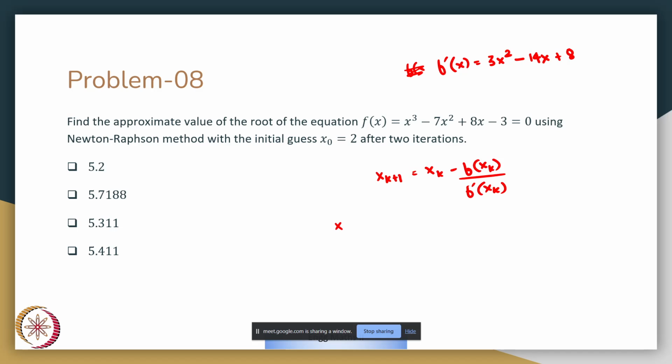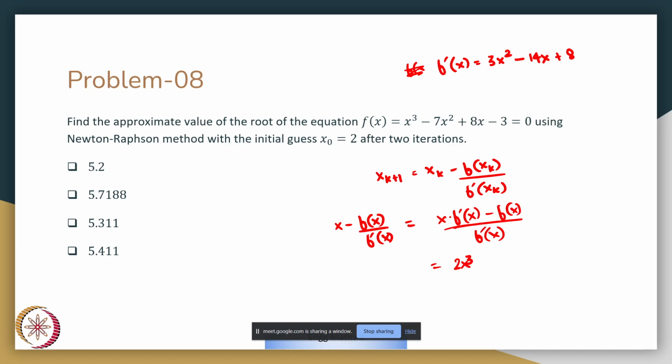So if I want to write x minus f of x upon f dash of x, it will be nothing but x into f dash of x minus f of x upon f dash of x, which is 3x cube minus x cube, which is 2x cube.